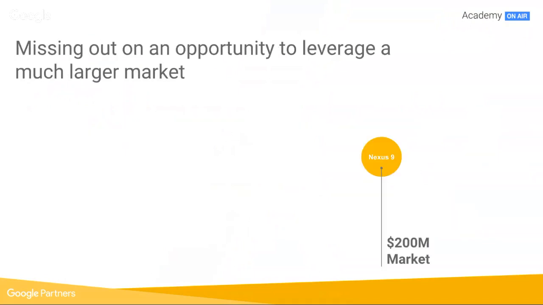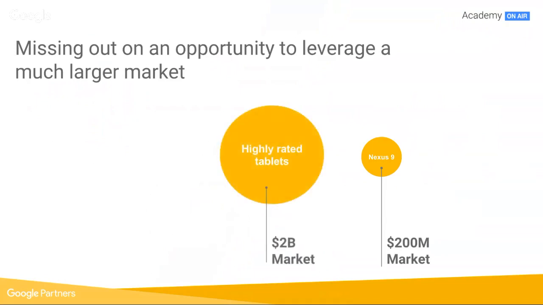What does it actually mean? It means that we are heavily focusing on a market of, let's say, queries that is $200 million big, which is a huge number. But if you know that the highly rated tablet market, the volume of queries around highly rated tablets, not particular products already, is a lot bigger than the actual product market, then it's very clear that you're missing out on something.